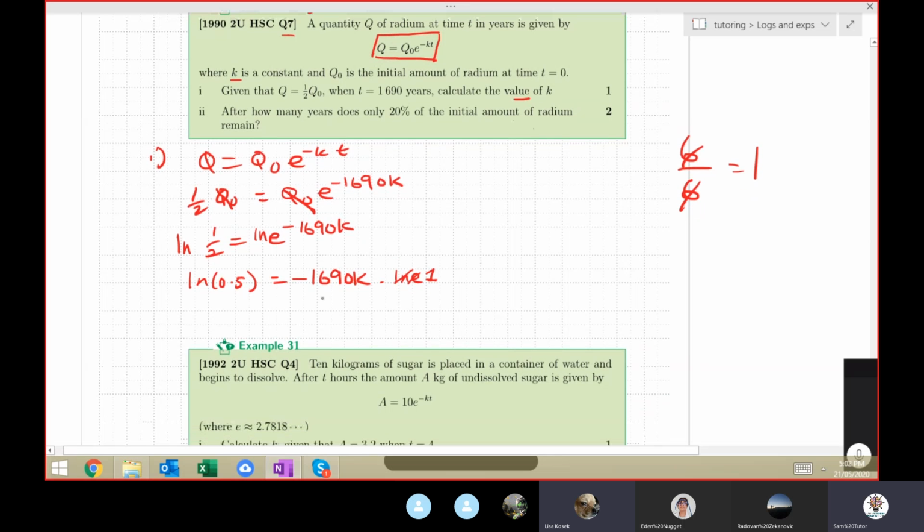Good job anyways. And then, Lisa, I want to solve for k. How do I get rid of negative 1690? Divide. So divide, I'll just do it in the next line, so when you guys are writing it, divide by negative 1690. All right, go ahead, let's get an answer. Divided by negative 1690.